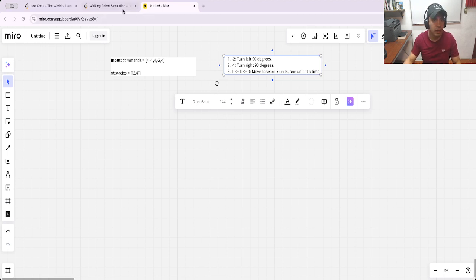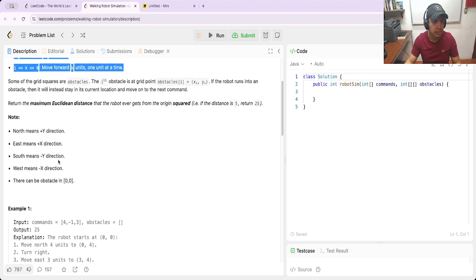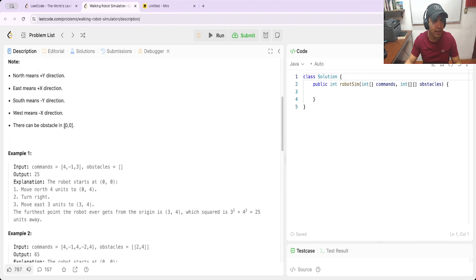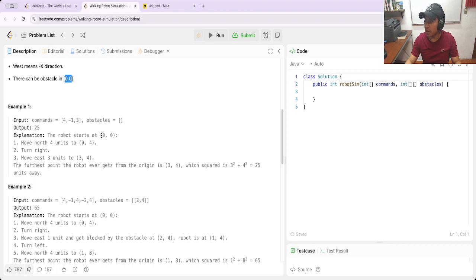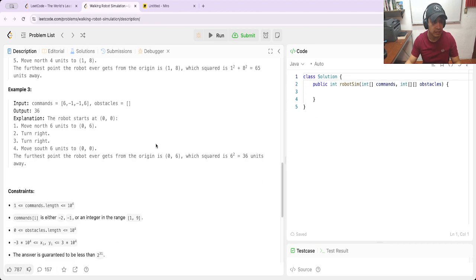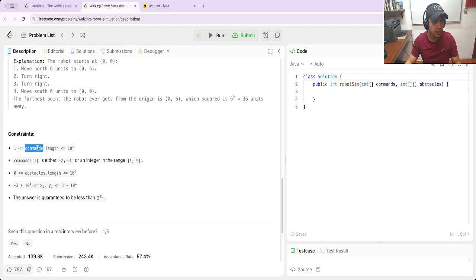We should consider that we can have an obstacle in the position where we are starting. And these are the constraints. The minimum size of the commands array is at least 1, and the maximum is 10 to the power of 4.